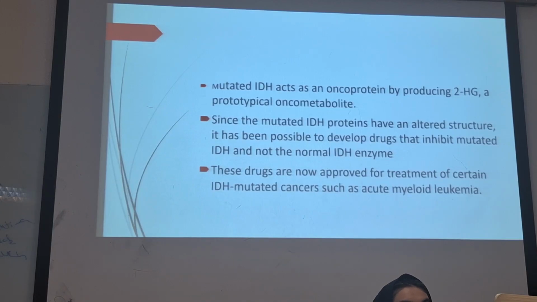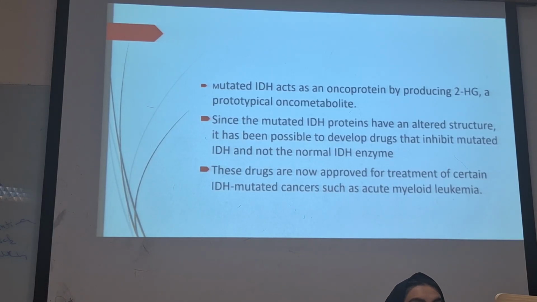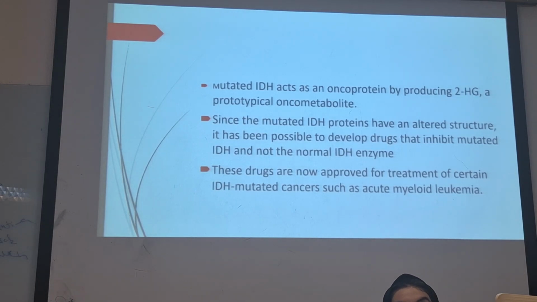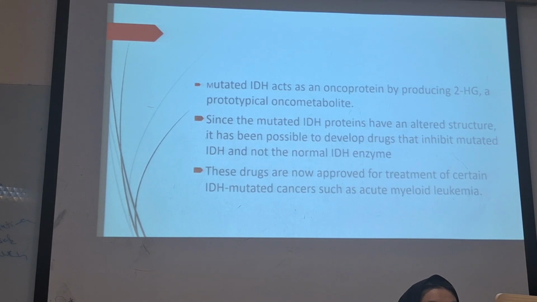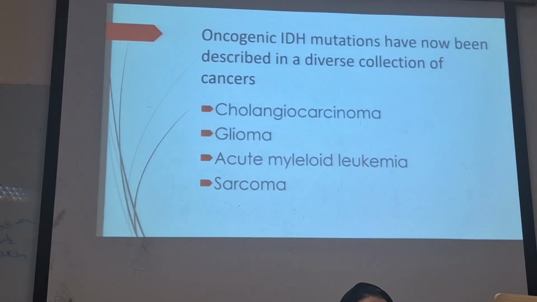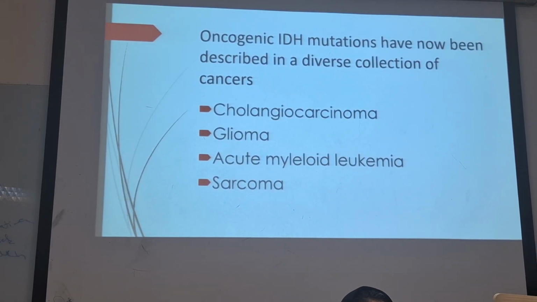These drugs are now approved for treatment of certain cancers that show IDH mutation, like acute myeloid leukemia. And could we know the difference between the normal and the mutated IDH?